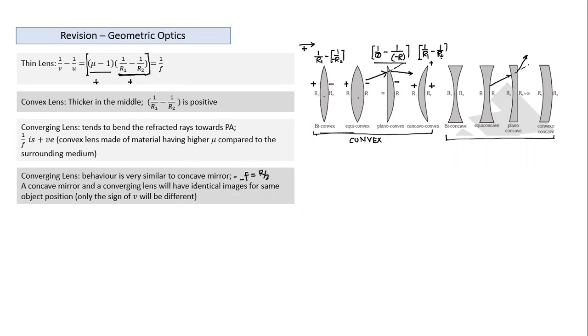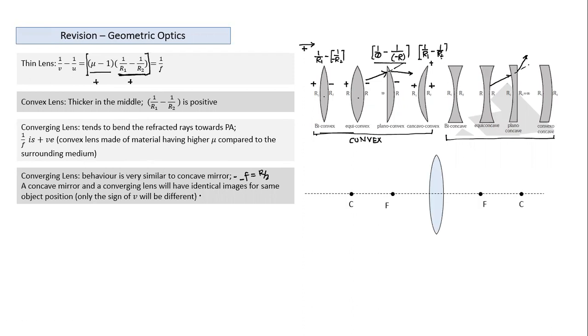So what do we mean by an identical image? If both have the same numerical value of focal length, whatever the object size, if an image is formed for a given object position, if the image formed is real, inverted, and magnified by the concave mirror, the converging lens will also form a similar image.